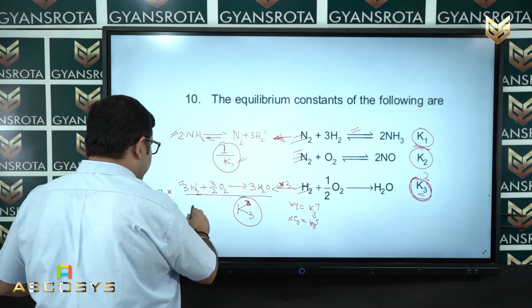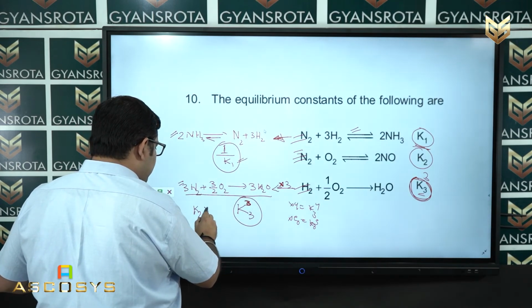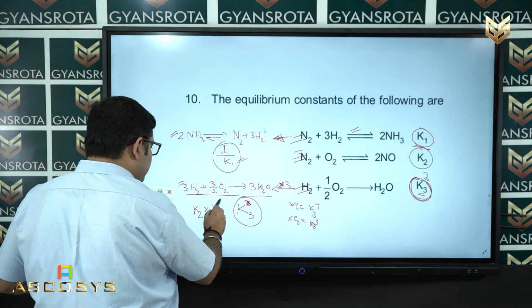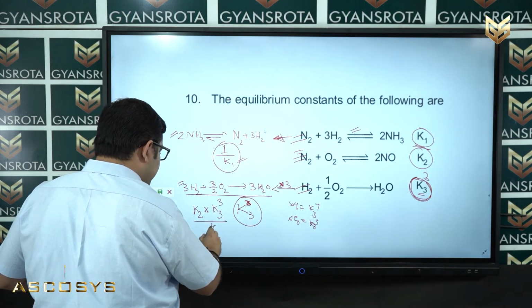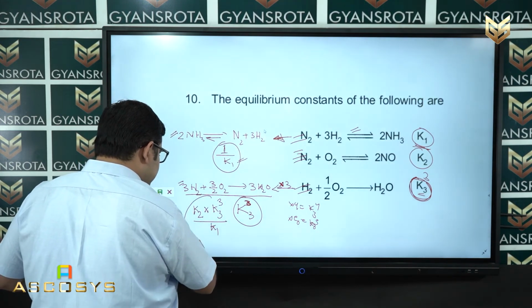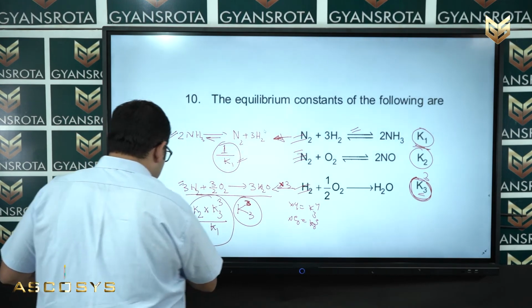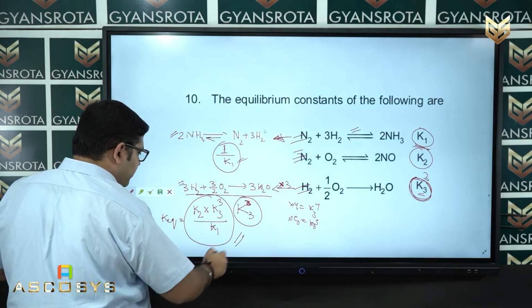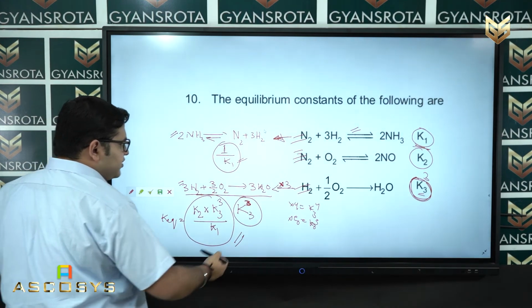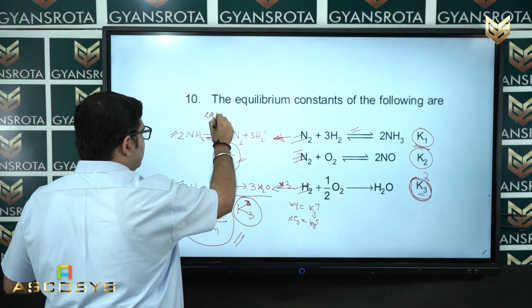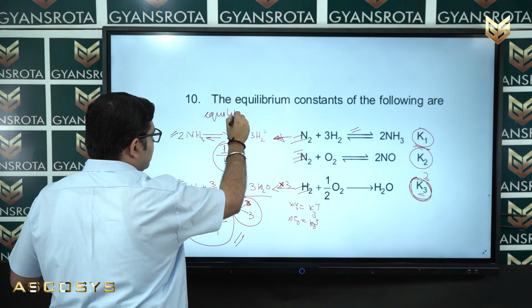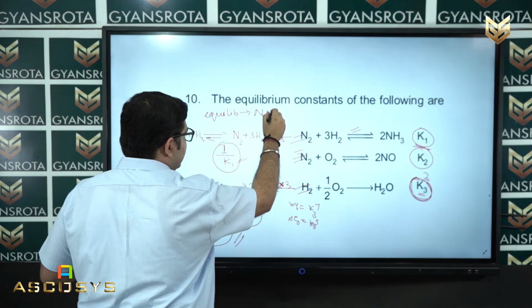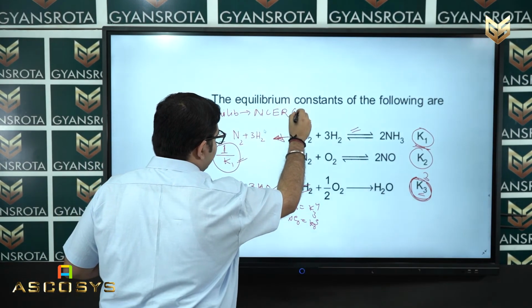Like here, it is K2 into K3 to the power 3 divided by K1. So, this is the rate constant or equilibrium constant of your resultant equation. This concept is basically given in your equilibrium chapter of NCERT class 11.